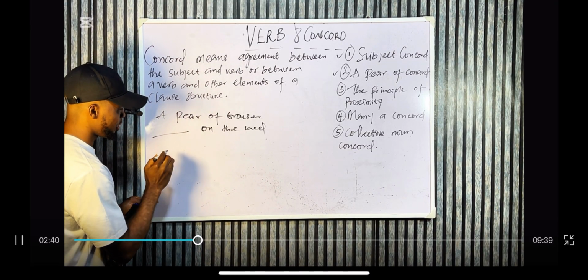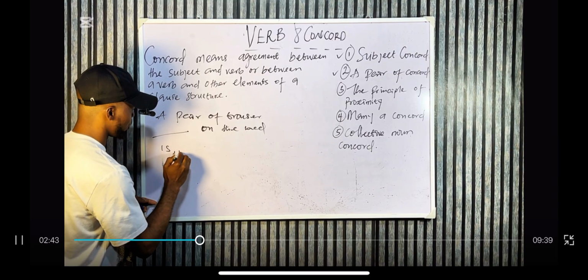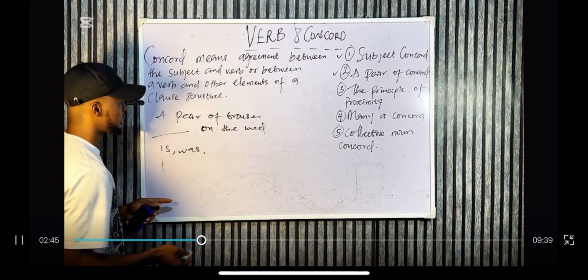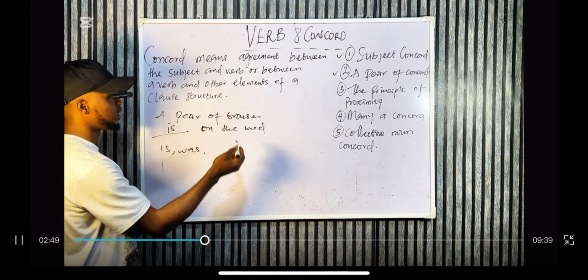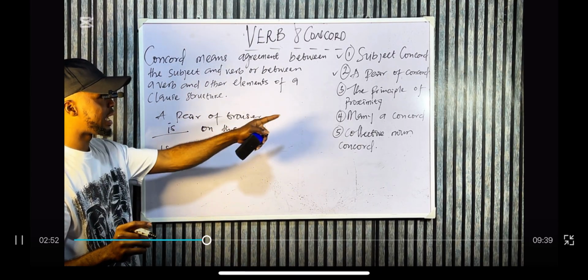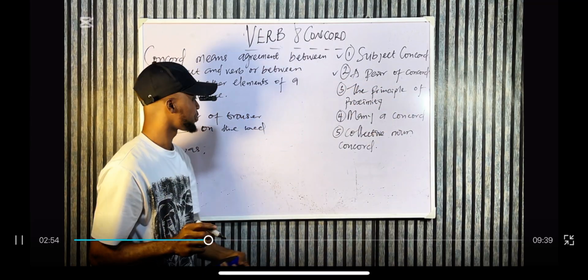Now a singular verb is, was, and the rest. So what are we expecting here? A pair of trousers is on the bed, not are on the bed. That's the law of a pair of concord.